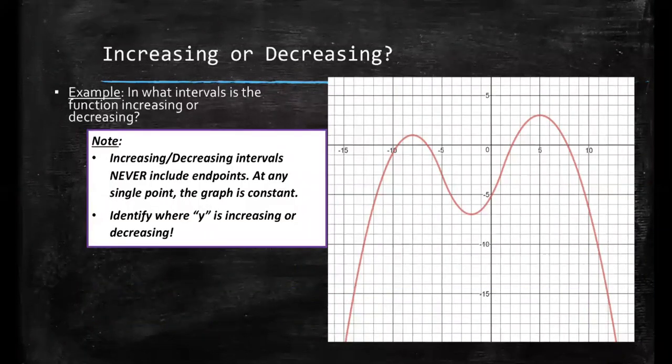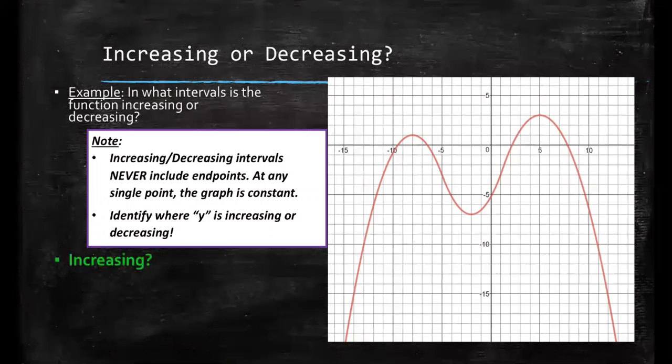And again, make sure here that your y is increasing, so it's looking like the examples I just gave you. And make sure that when you give those intervals, you don't include those points that are the endpoints of where it changes from increasing to decreasing. Because if you think about being at any one point you're constant. So these increasing or decreasing intervals will always have parentheses every single time.